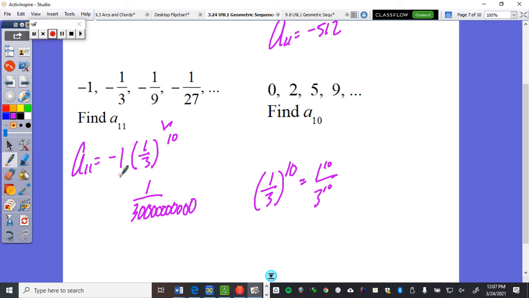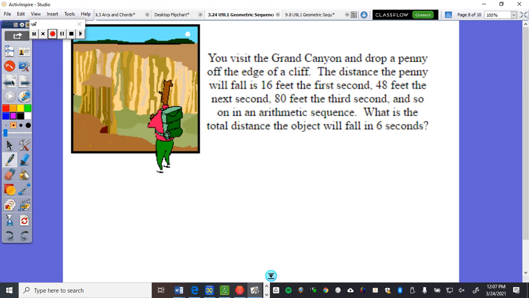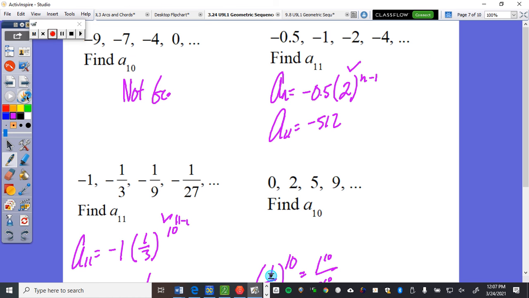And because I'm multiplying it by a negative 1, it's negative.